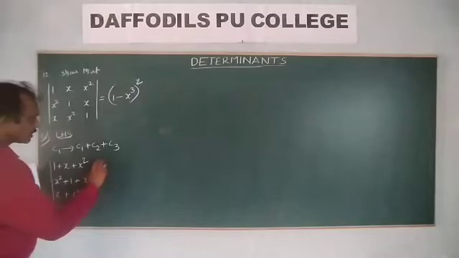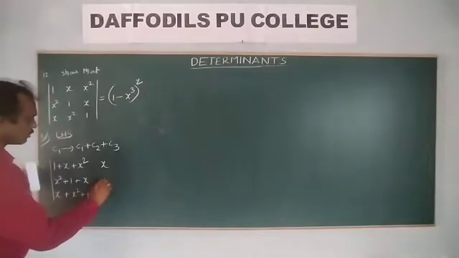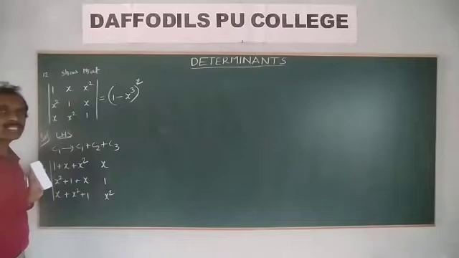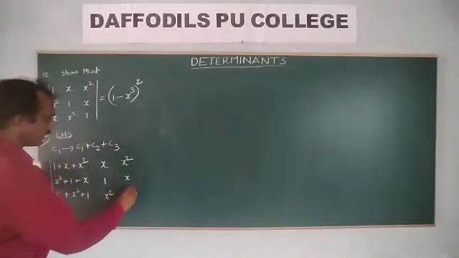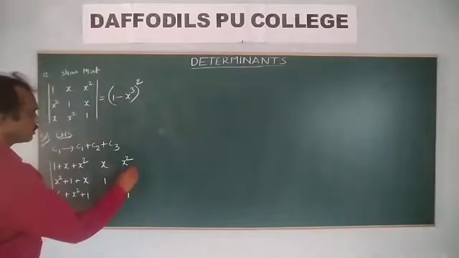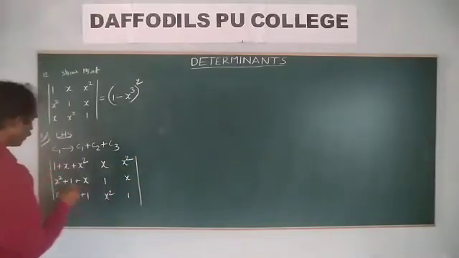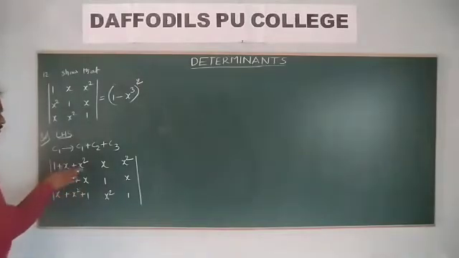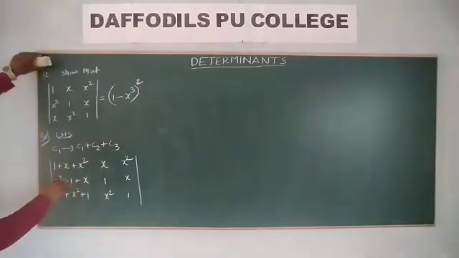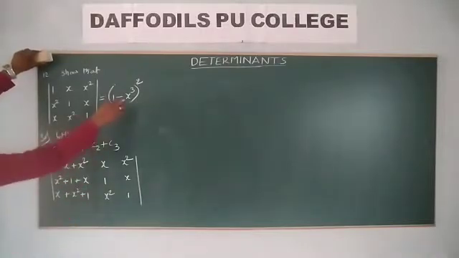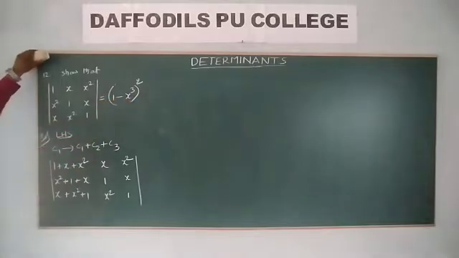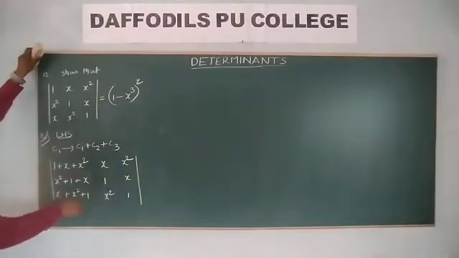The second column is x, 1, x square, and the third column is x square, x, 1. In the first column we get 1 plus x plus x square each time, using the a cube minus b cube result.